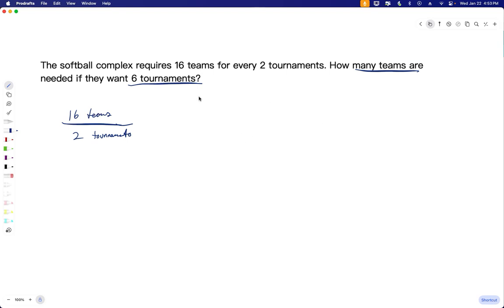So what we start with is the variable information that we're trying to match to. So 6 tournaments. Put that in fraction form so it's easy to see what we're multiplying. Now we're going to take this ratio and flip it so that tournaments, well, we don't have to flip it. Tournaments is already in the bottom. So 16 teams, 2 tournaments.